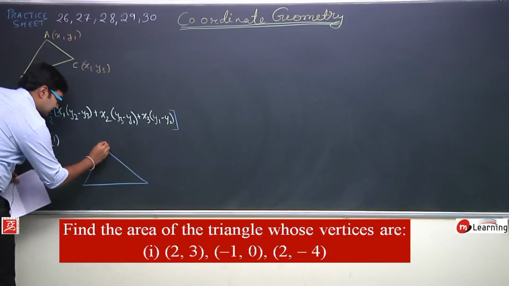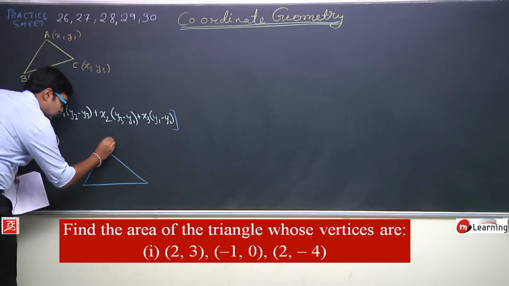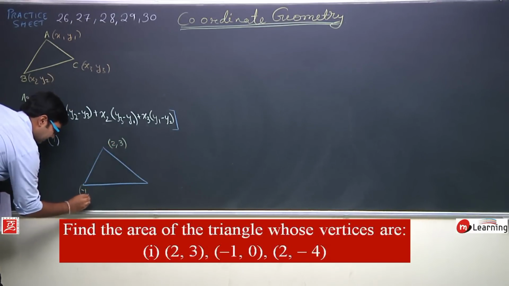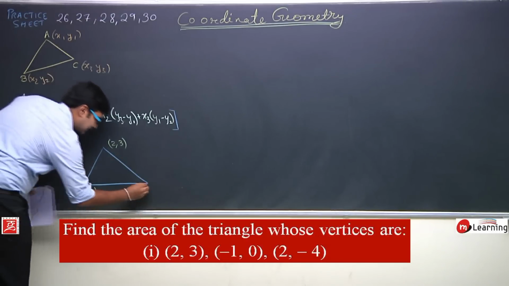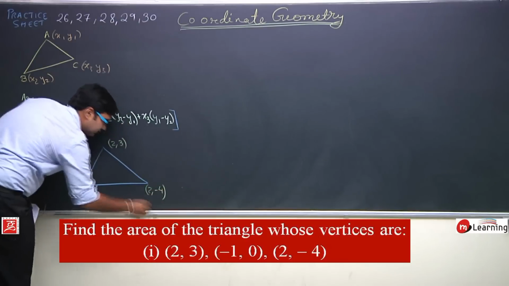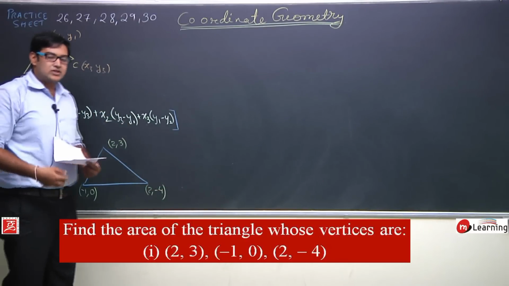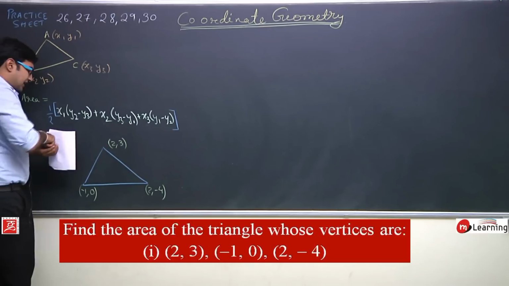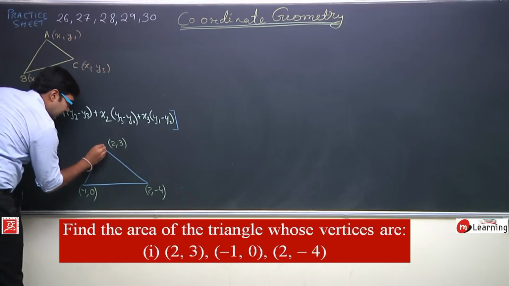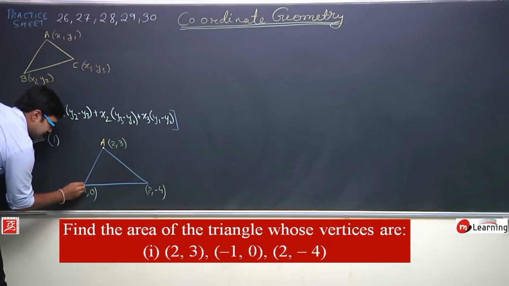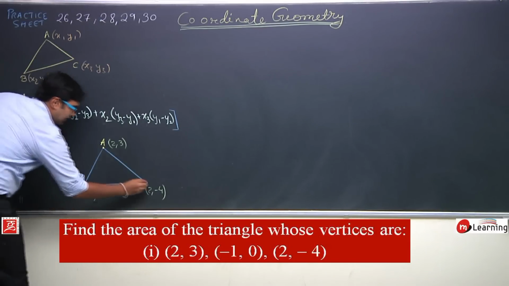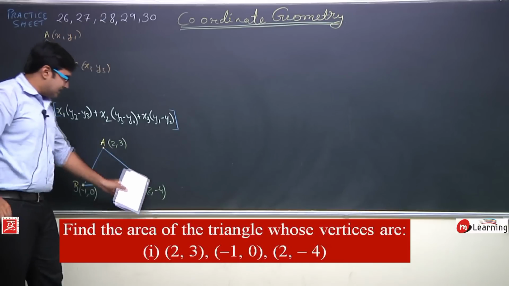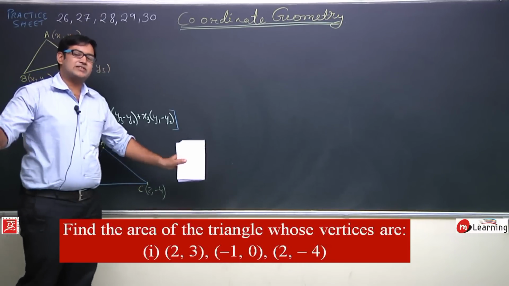Then this is, let us say, 2, 3. This is, let us say, minus 1, 0, and this is, let us say, 2, minus 4. So these are the 3 vertices of the triangle whose coordinates are given to us. Let us name these vertices as A, let us say this is B, and let us say this is C. You can name them either A, C, B or A, B, C, in whichever order you want.